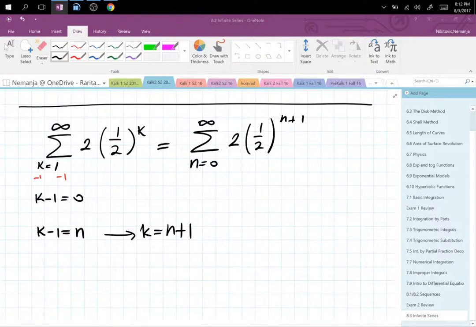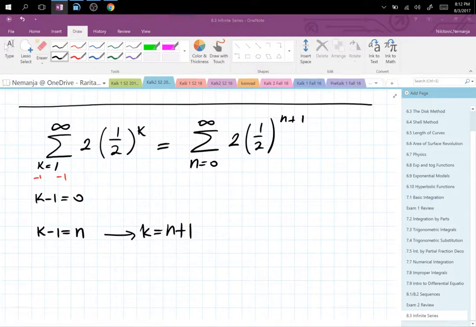But this k cannot stay there anymore because now our counter is n. The variable is becoming n. So you have to switch that k, just like you have to switch the u as well, and dx, right? So what's k? Look at the formulas. K must be n plus 1. Plug that there.